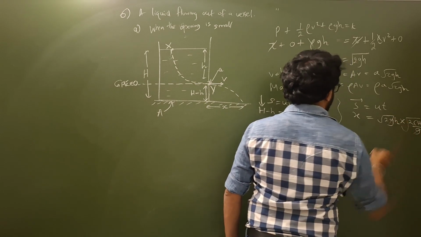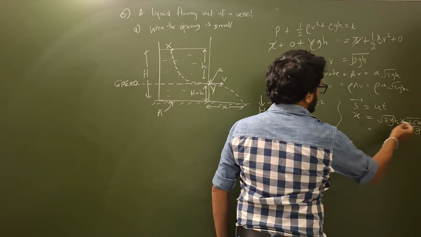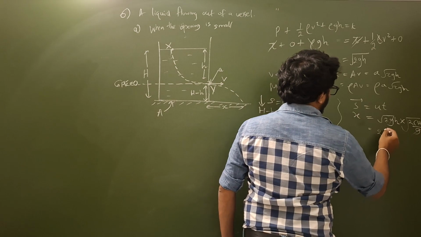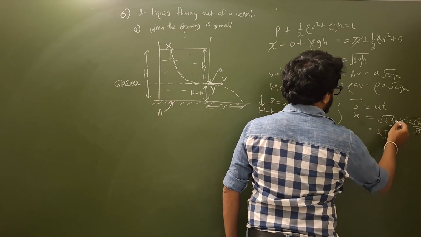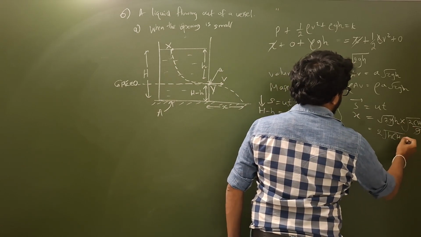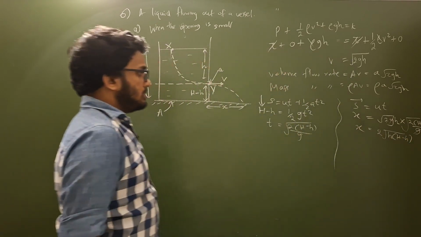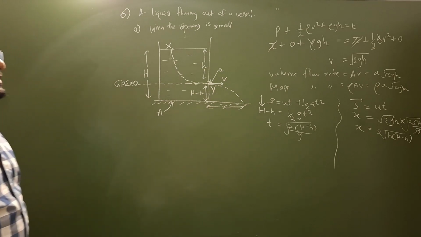We can cancel this, and square root 2 times square root 2 is 2. Inside the square root I get simple h and in brackets capital H minus simple h. So this is the horizontal range x.